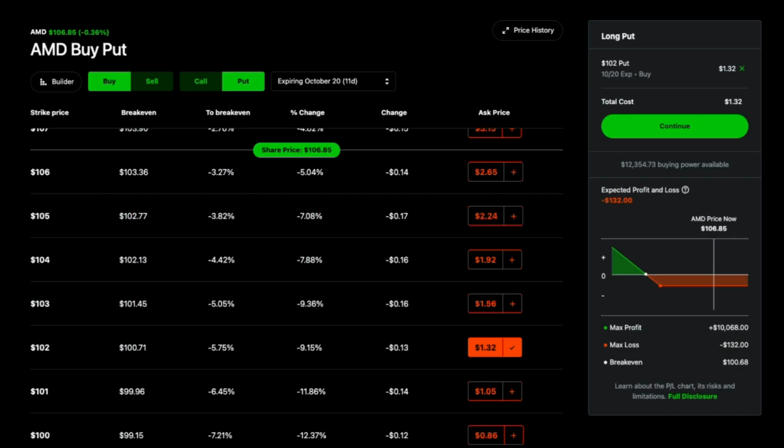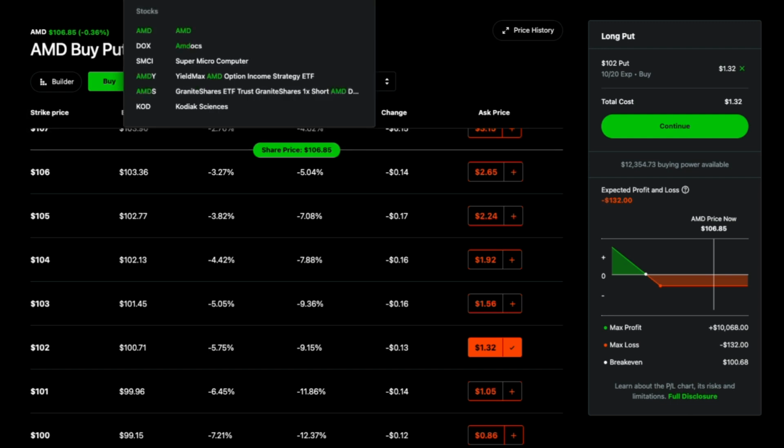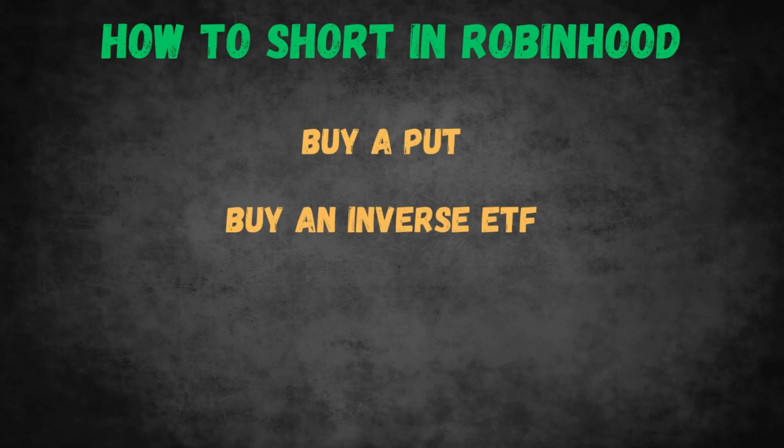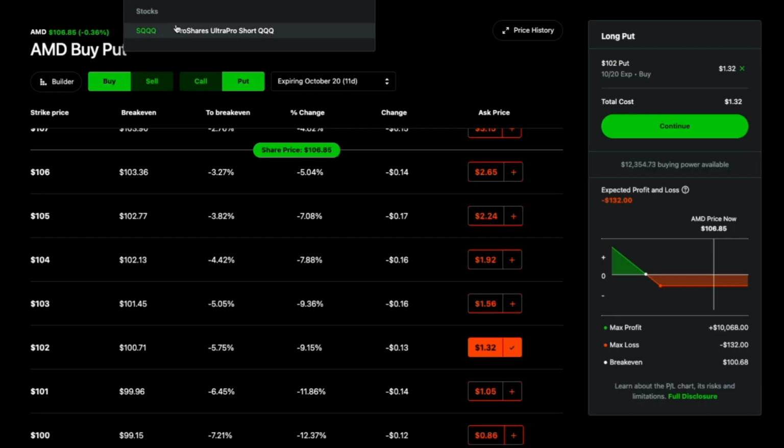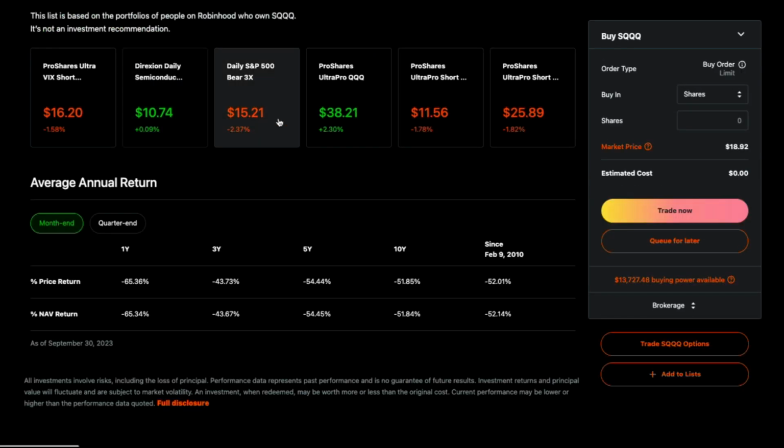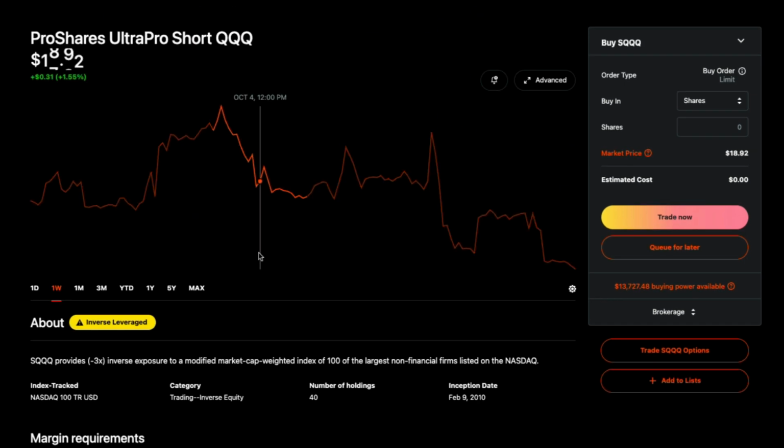Okay, now let's look at the second way in which you can actually short a stock. I would say it is not a stock, but you can use inverse ETFs like SQQQ, right, which is an inverse of TQQQ, which tracks the Nasdaq 100.